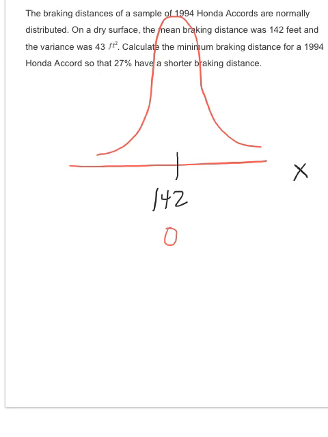Oh, that's right. 6.557438, right? Let's round it. I'm going to round it to 7. Just don't tell anybody.